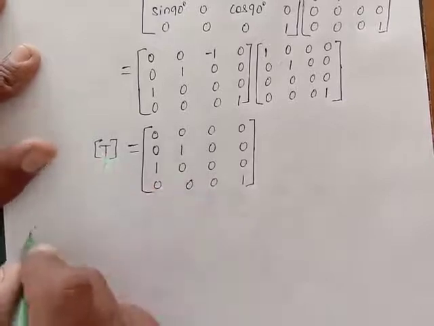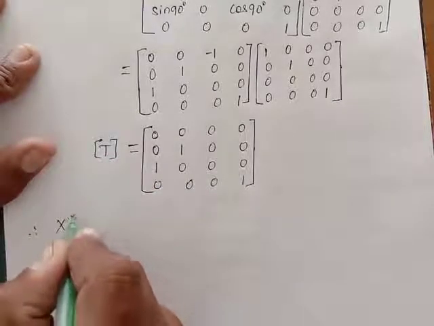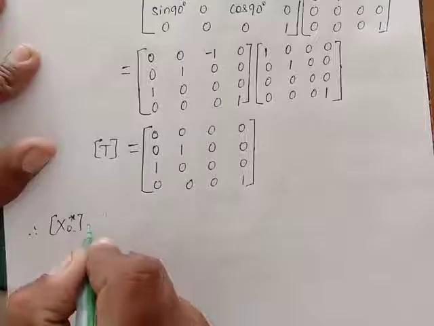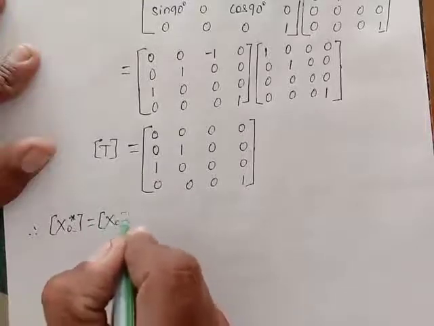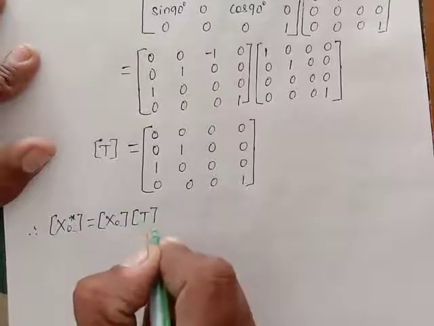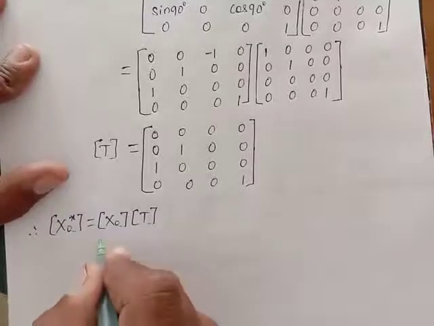So from that we get X0 star is what? X0 into T. What is X0?